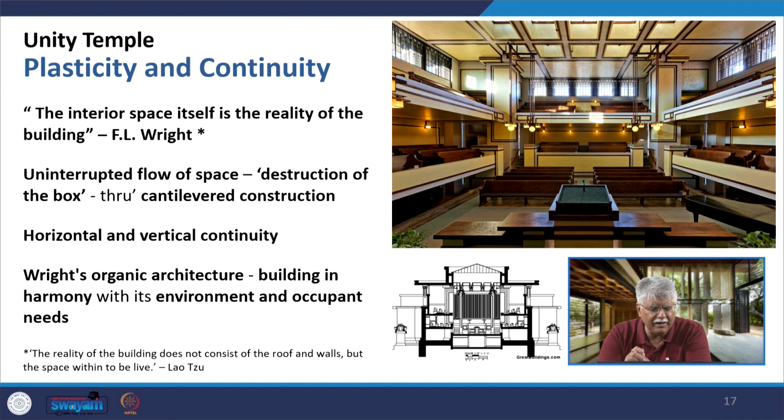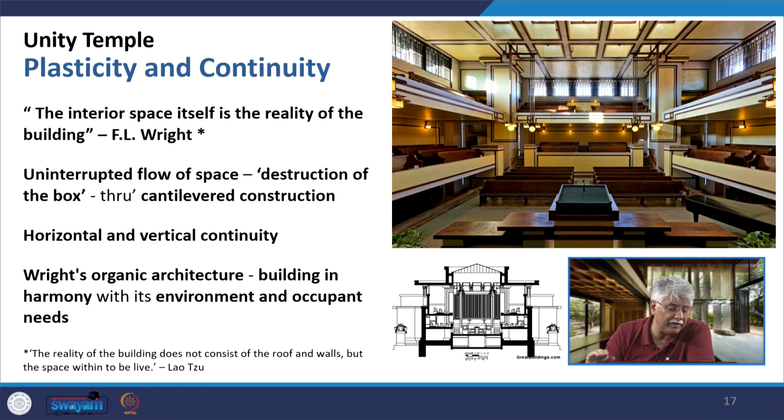This apparently was borrowed from a Chinese scholar, Lao Tse, who had said the empty space within the vessel is its reality. The reality of a vessel is the space that it encloses. That is what he had said. Wright converted it for architecture by saying the interior space itself is the reality of the building.